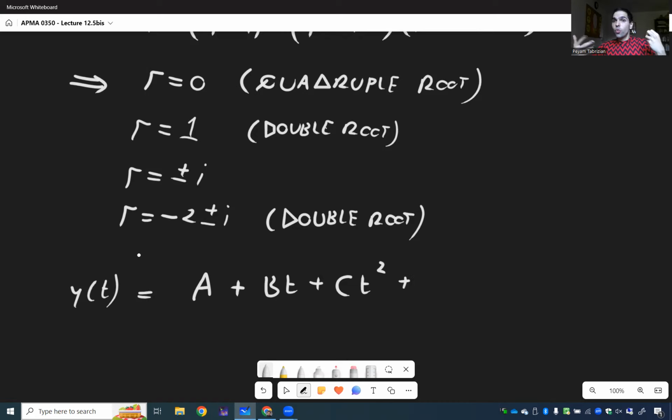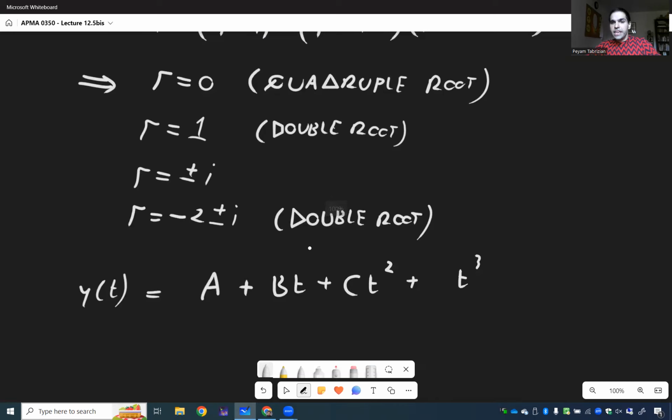And since now it's a quadruple root, it's dt cubed e to the 0t. All right, that takes care of the 0 root. And then r equals 1 double root gives you e to the t plus ft e to the t.